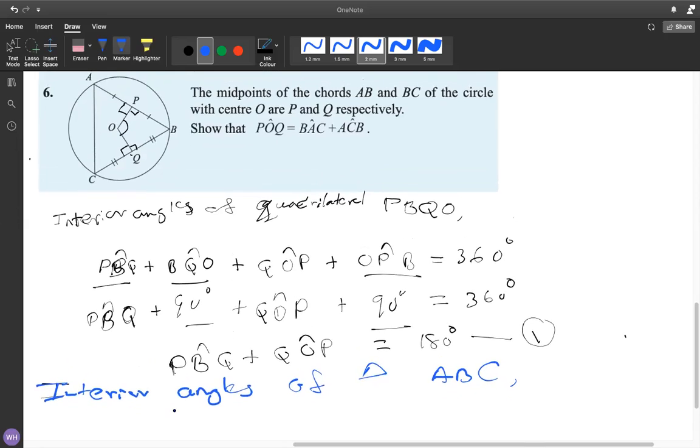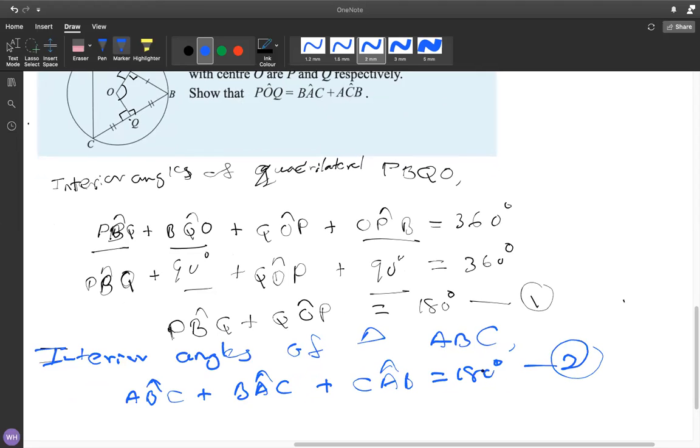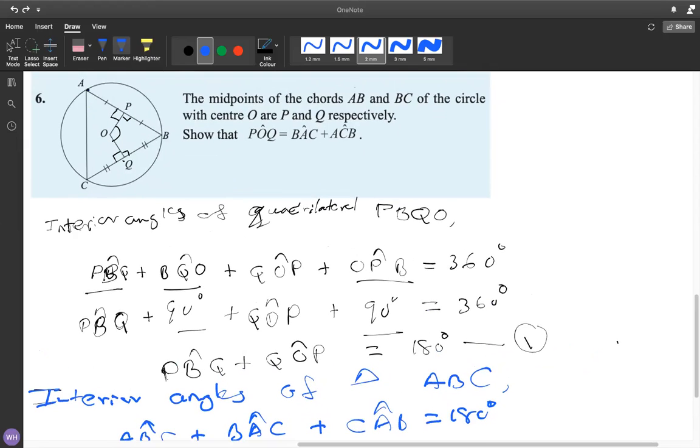Angle ABC plus angle BAC plus angle ACB will be equal to 180 degrees. Is it clear? I would like to name this as number 2.